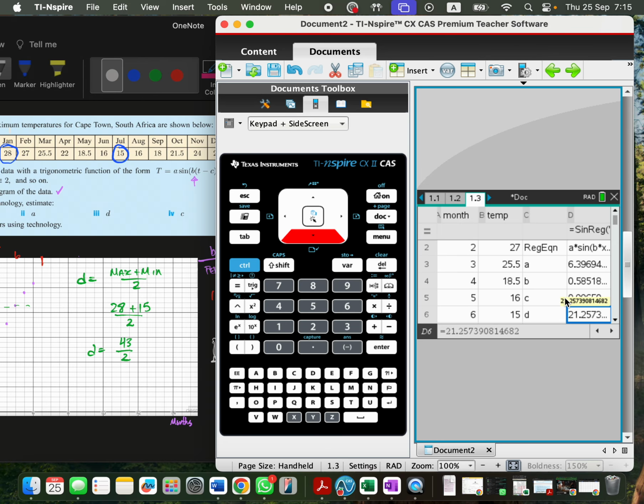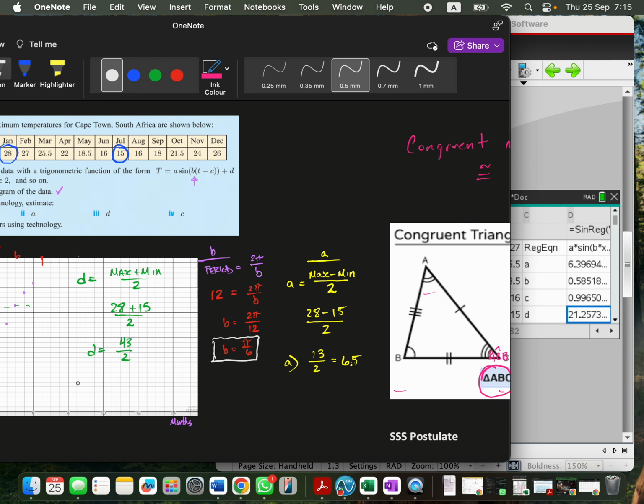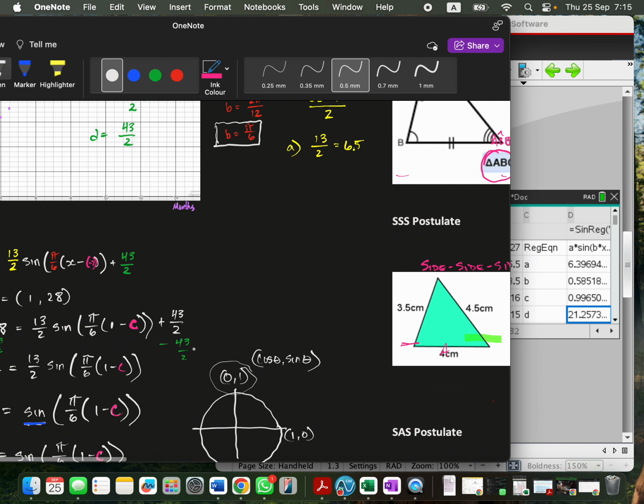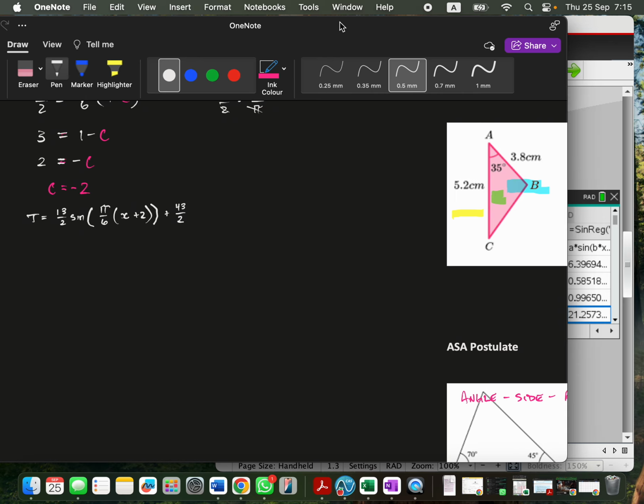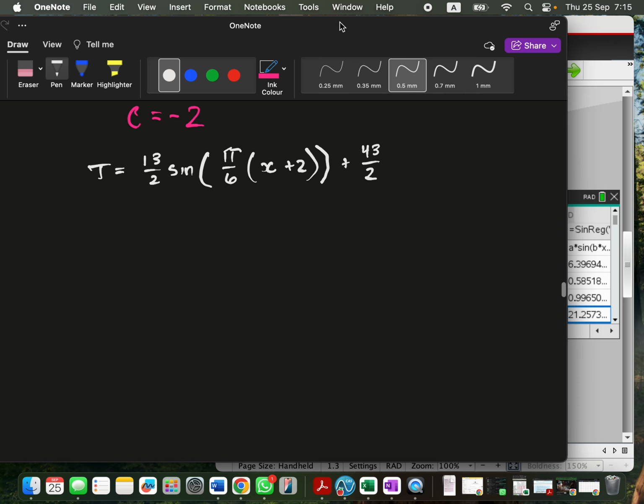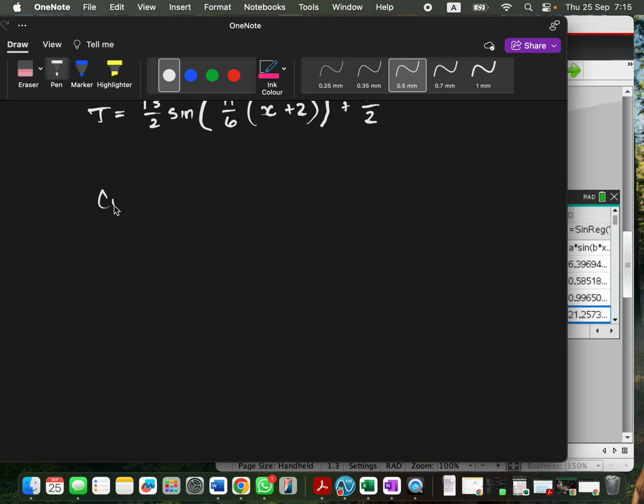D value, okay? So I'm going to pull these over, but it is important to note, your calculator, again, gives you this in a slightly different form. So from the calc, it gives you A sine BX plus C plus D. Notice that's different than the way that we normally do it.